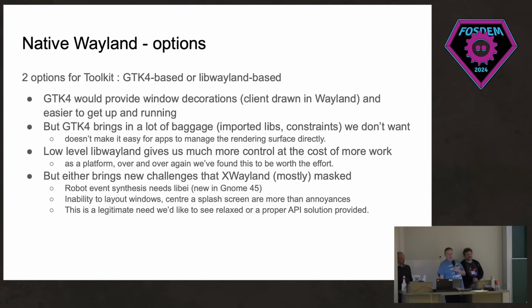Well, the API, I believe, is final, but I think it's the first time it's been out there. There's also that inability to lay out windows that I touched on, and it has some oddities, like splash screens coming up in the top left-hand corner of the screen.